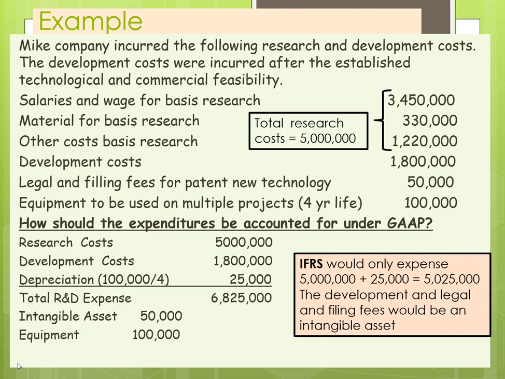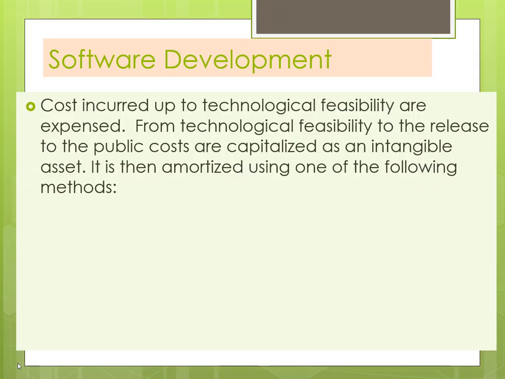Now, the next thing we're going to look at is software development, which gets special treatment. Costs incurred up to technological feasibility are expensed. From technological feasibility to the release to the public are capitalized as an intangible asset. It is then amortized using one of the following methods, and you end up using whichever one gives you the highest amount.